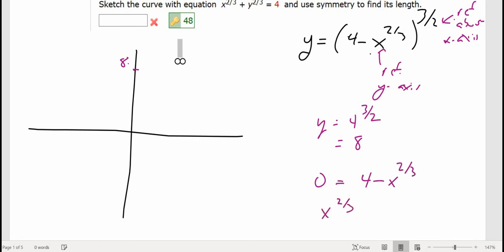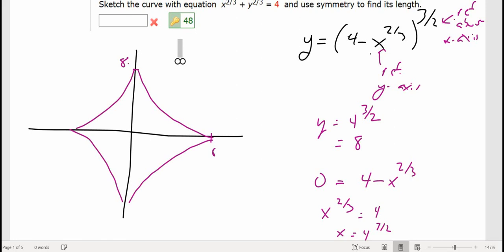So x to the 2/3 is going to equal 4. So x is 4 to the 3/2 again. So that's going to be 8 over here. And that function is going to look like that. But because of all the symmetry, we reflected about the x and the y-axis, and we have this shape.